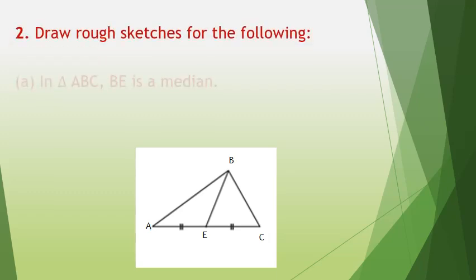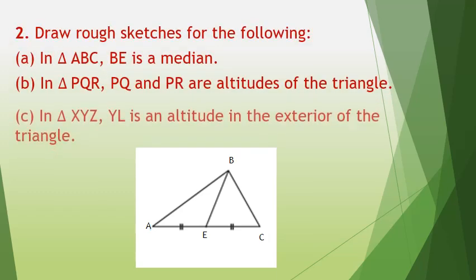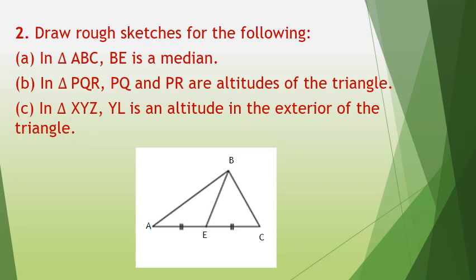Now our next question. Draw a rough sketch for the following. First is, in triangle ABC, BE is a median. So let's see how to draw the median BE. First you have to draw triangle ABC, and from the vertex B to the opposite side you have to draw a line segment.